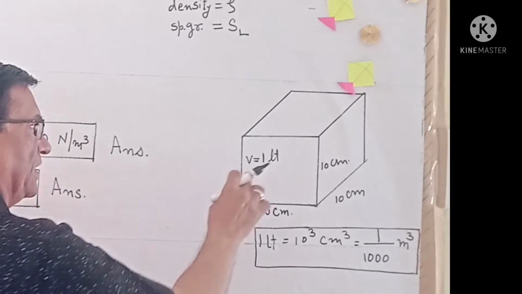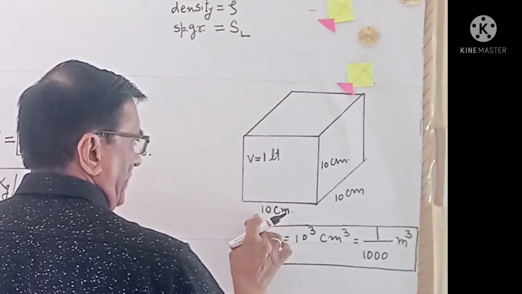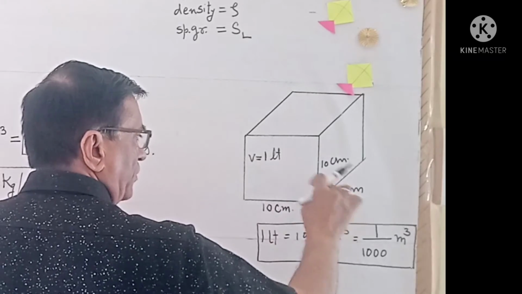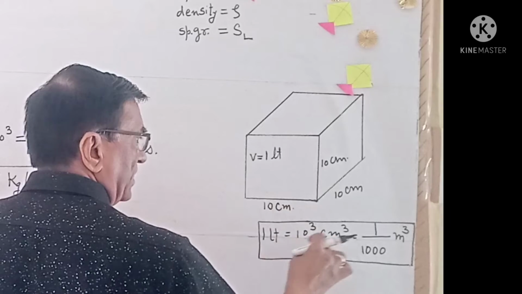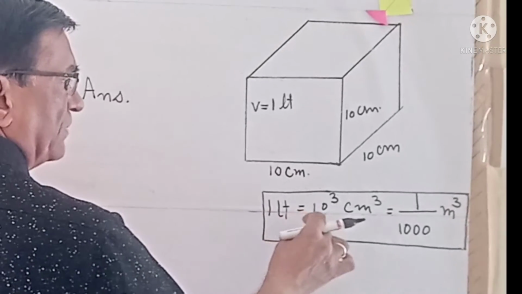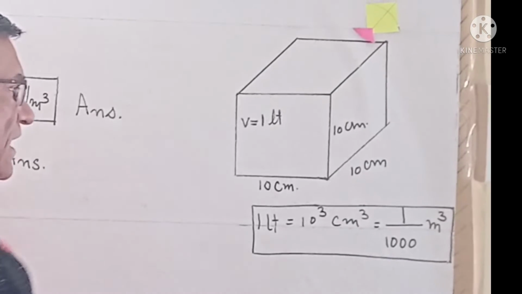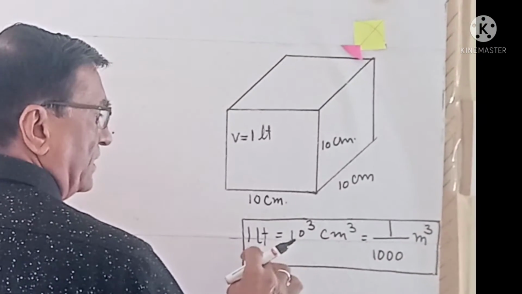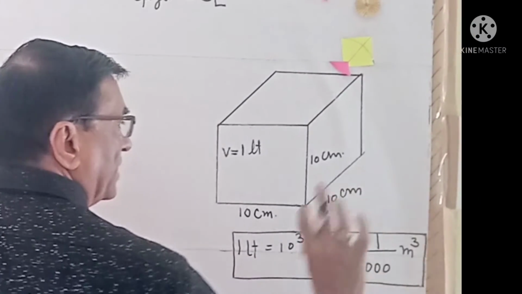Volume is 1 liter. Now if we multiply 10 and this 10 and 10, the volume comes out to be 10 raised to 3, that means 1 liter is equal to 10 raised to 3 centimeter cube. Converting centimeter into meter, 1 liter is equal to 1 upon 1000 meter cube.